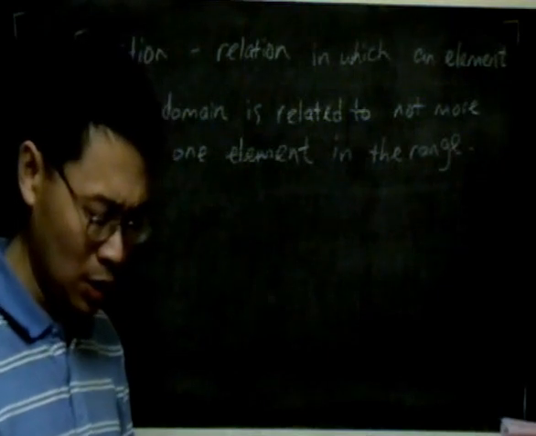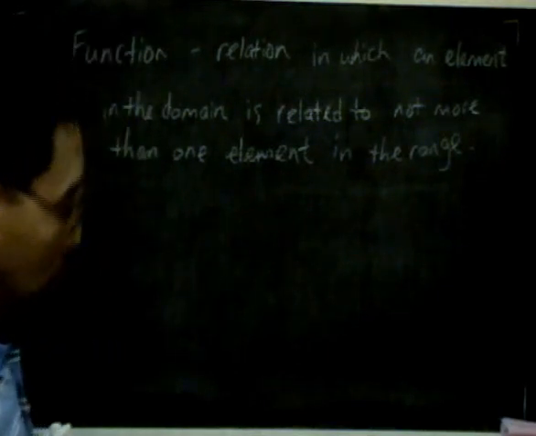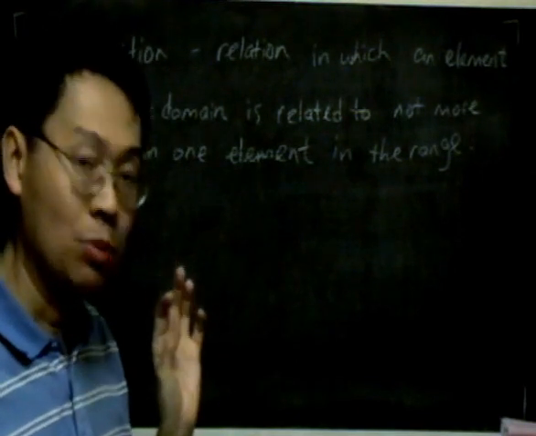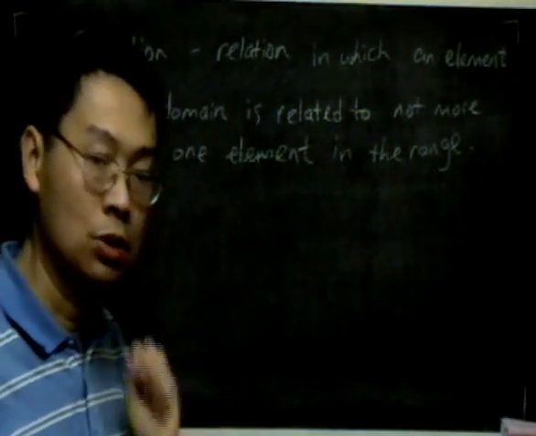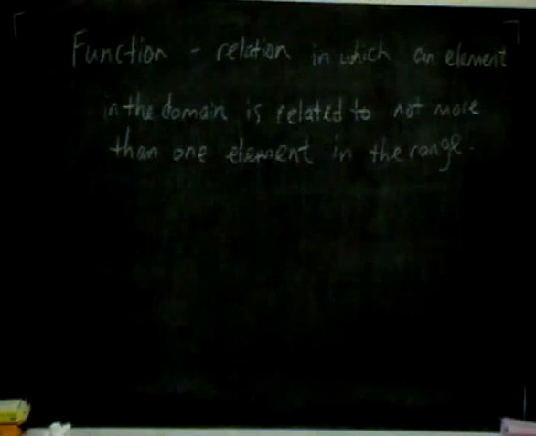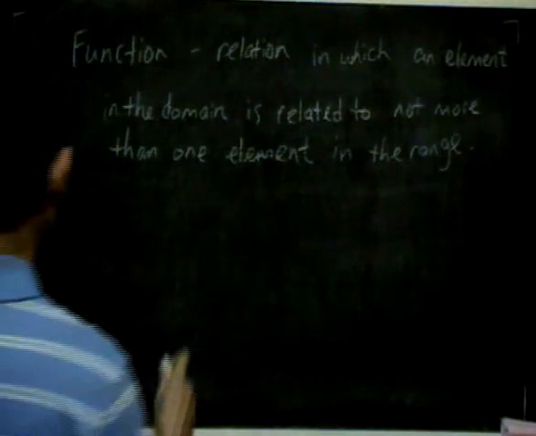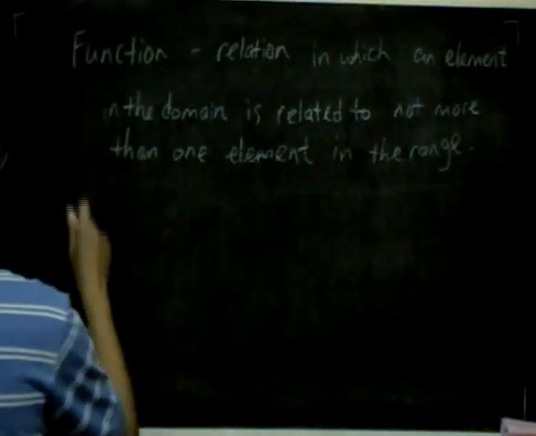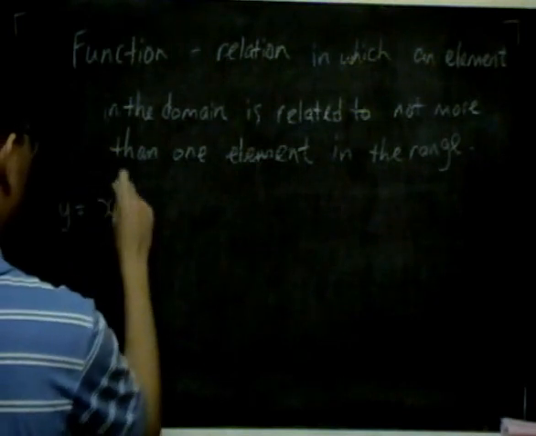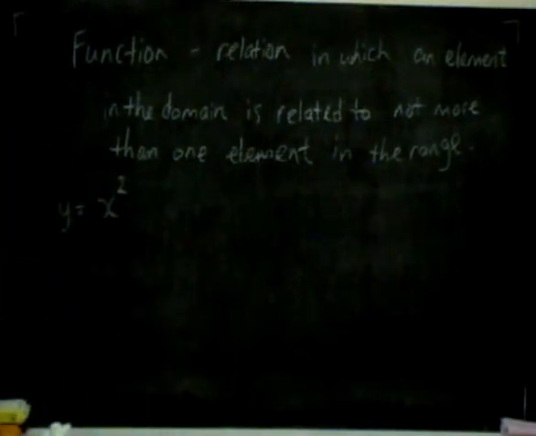So let me look at some examples of equations which can be functions and equations which are not functions. Right, let's look at this equation. y is equal to x squared.